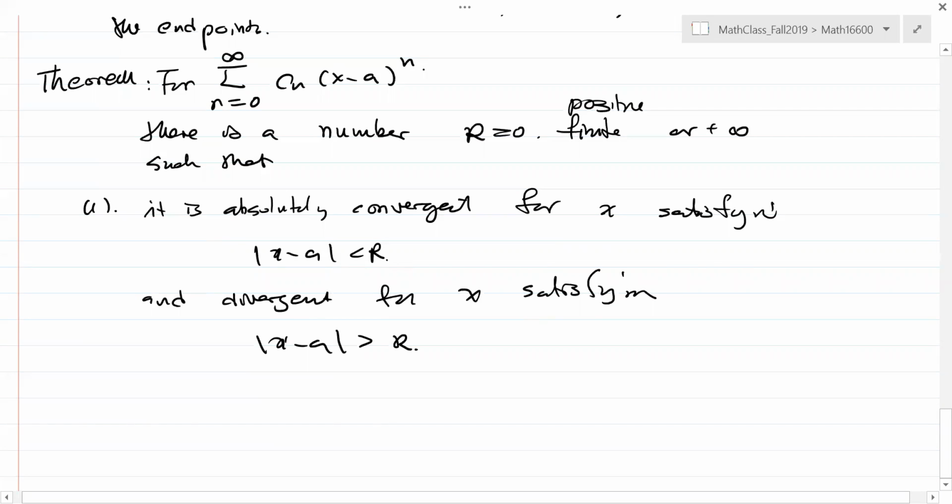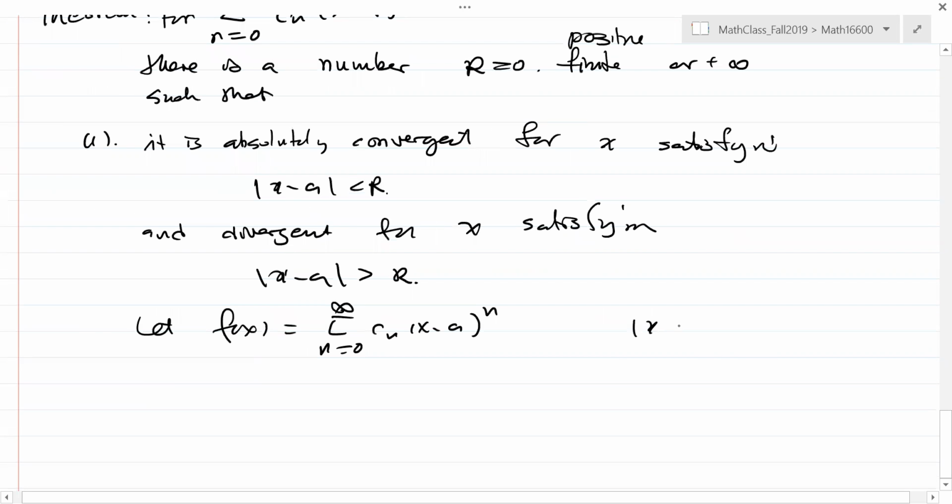Because it's convergent, we let f(x) be this. This is defined for |x - a| < r.